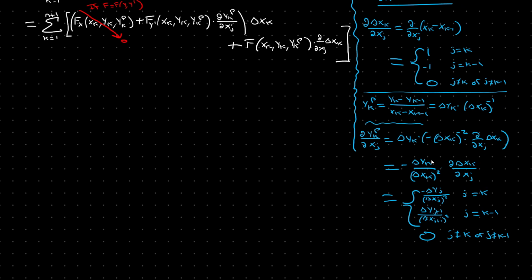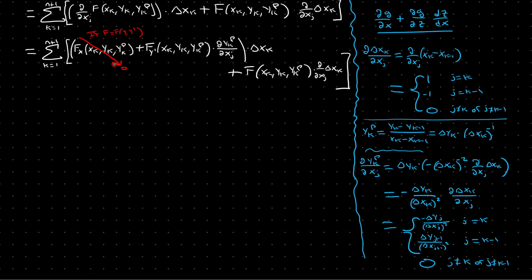So what's very neat here is that these two simplification formulas for these derivatives, this derivative right here and this derivative right here, are going to reduce this summation. We're summing over all values of k here, but this derivative and this derivative are 0 unless k equals j or k equals j plus 1.